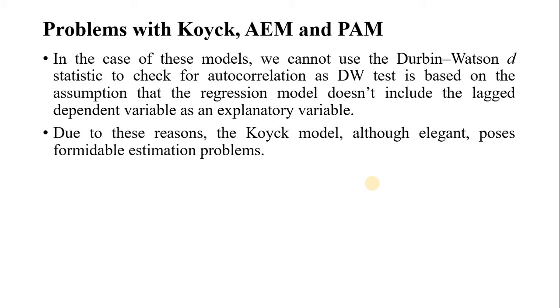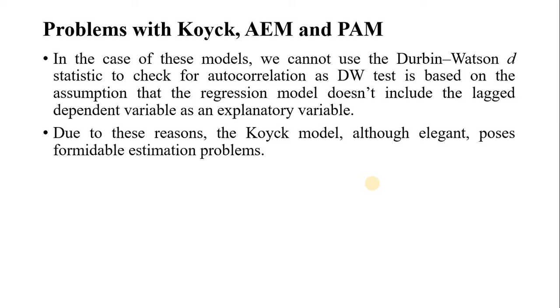We will conclude that there is no autocorrelation, even though there is autocorrelation, because in the presence of yt minus 1 the value of d will always be very close to 2. That is why we cannot apply the Durbin-Watson statistic to understand whether there is a problem of autocorrelation in our regression model.